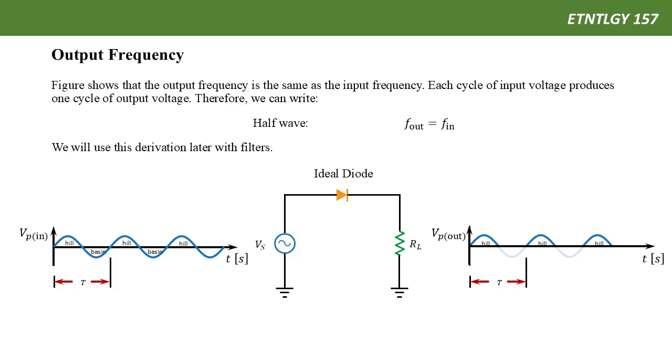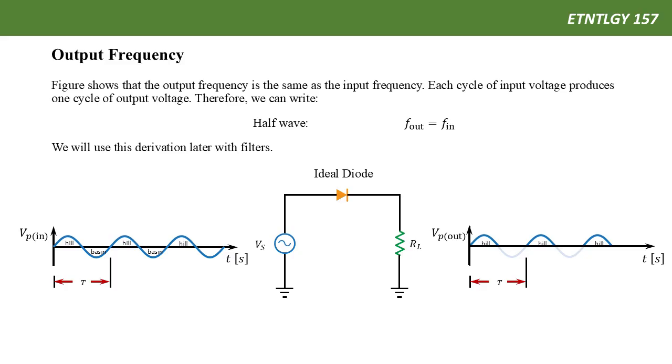Now let's take a look at the frequencies of the input and the output waveforms. So let's look at the input waveform. We know the sine wave goes up and down. If we use the word hill to represent the upper portion, and the basin to represent the lower portion of the sine wave, and then compare that with the output, there is a hill, but we have a flat ground.